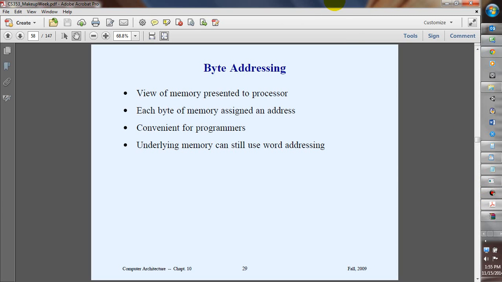So this organization of memory actually affects programming. If we do allow for aligned memory access, it should be possible at least to get improved performance if programmers align by word addressing.